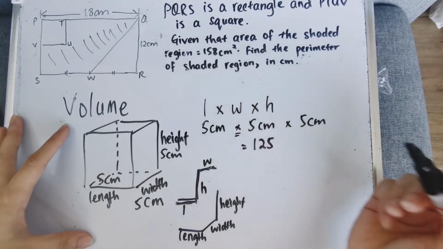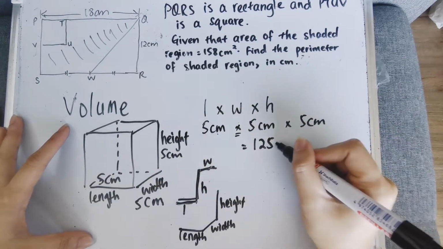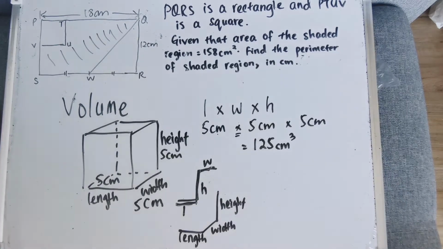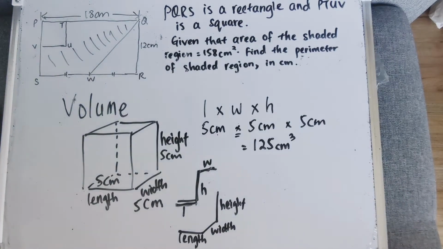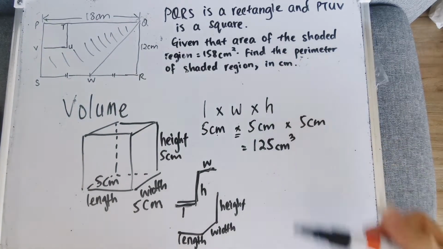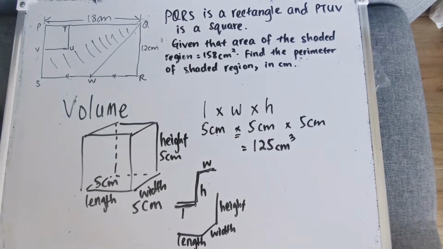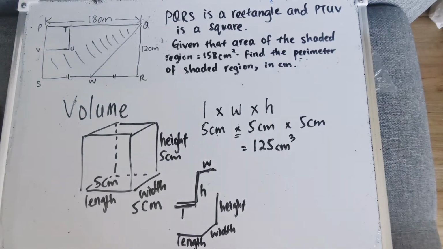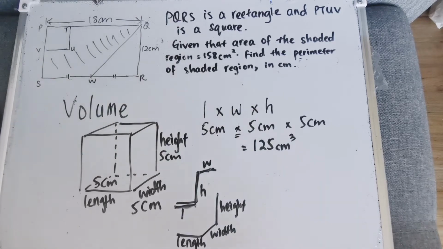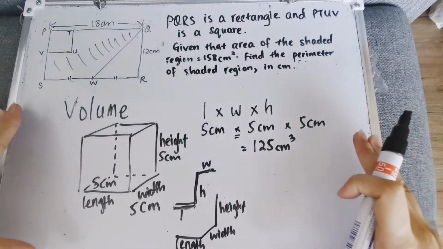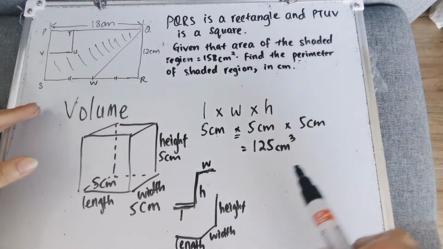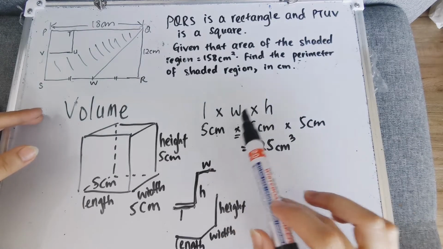Because this is times, you have 3 cm, therefore cm cube. You will learn all this power 3, power 4, power 5 when you are in secondary 1, which is form 1. So remember that volume is where you times your length, your width, and your height.